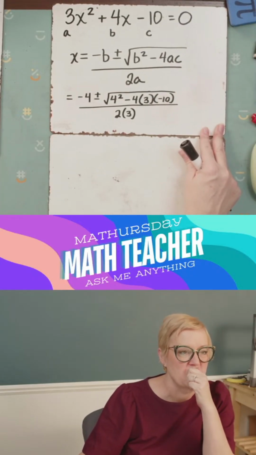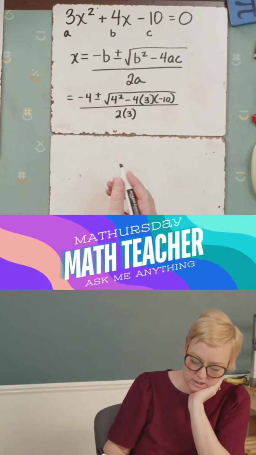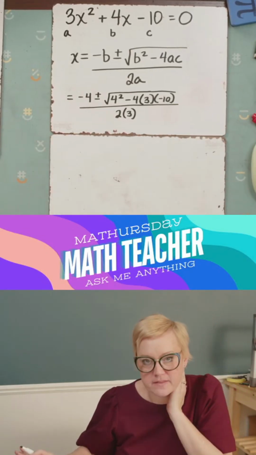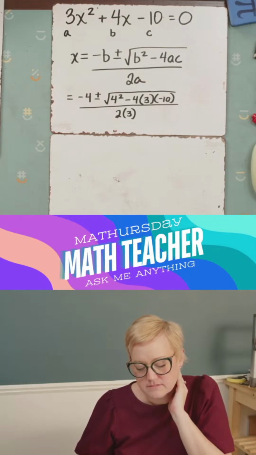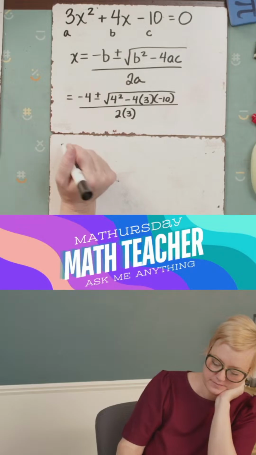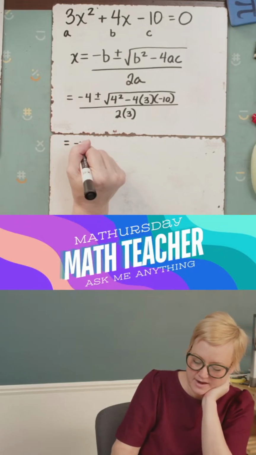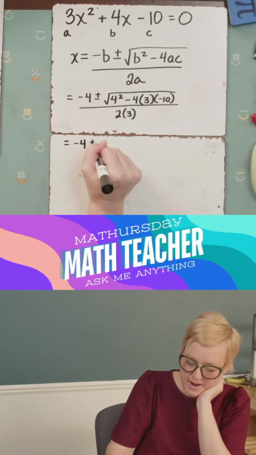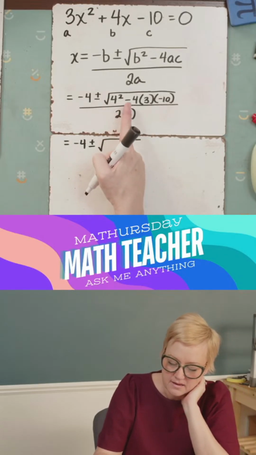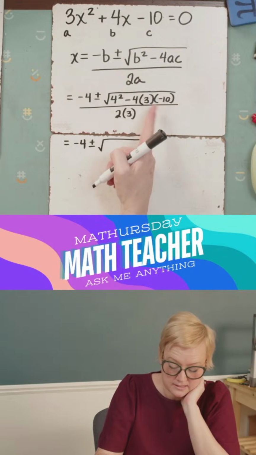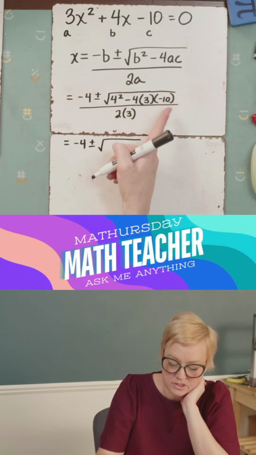Okay. All right, so we start to simplify. Do not just plug this all into your calculator. Don't do it. You never plug it in right. So we just take this piece by piece. So I've got negative 4 plus or minus the square root. So I've got 16 plus 4 times 3 times 10, which is 120.